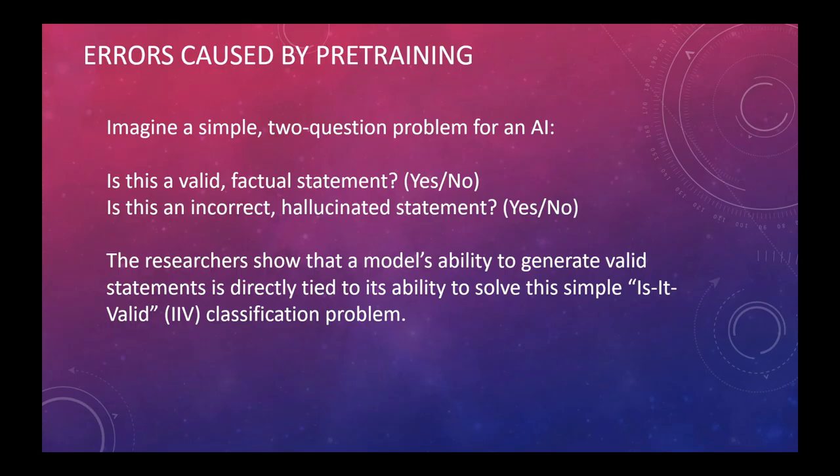But most of the training methods which we use today do not reward or penalize I don't know as an answer. Since the beginning, LLMs are supposed to be very smart in answering something to the question, and I don't know is apparently a non-acceptable or non-rewarding answer in either the fine tuning phase or the RLHF phase, reinforcement learning with human feedback.